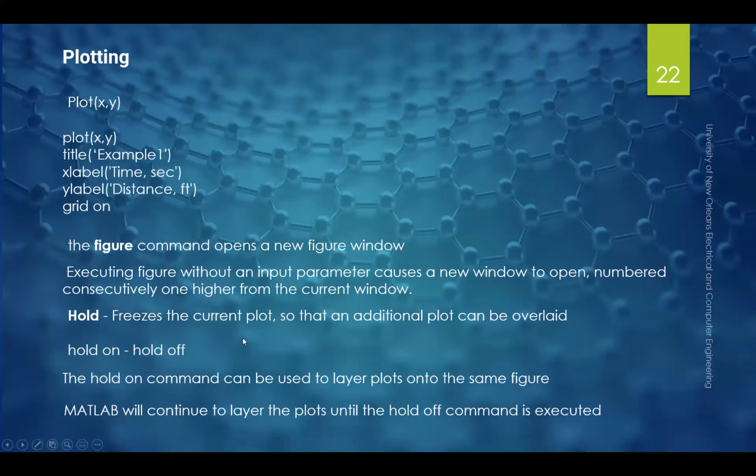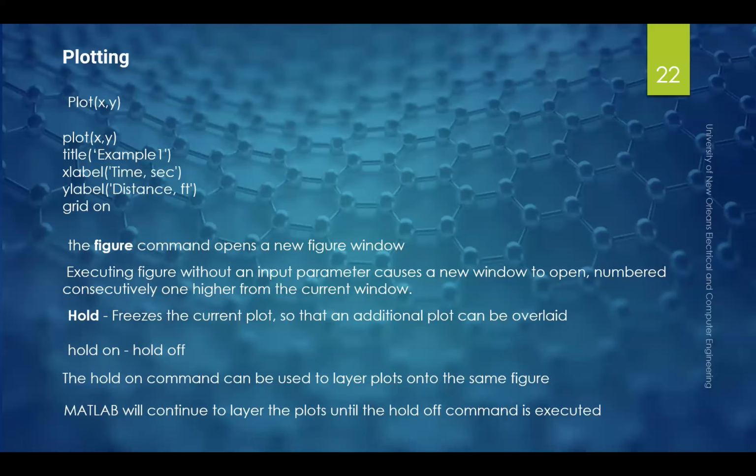Hold freezes the current plot so that any additional plot can be overlaid, right? If you want to overlay different plots onto the same figure, you use the hold command. And then you have the options of hold on and hold off. The hold on command can be used to layer plots onto the same figure. And then MATLAB will continue to layer the plots until it sees a hold off command, if you have one. You don't have to have one if you don't want to stop.